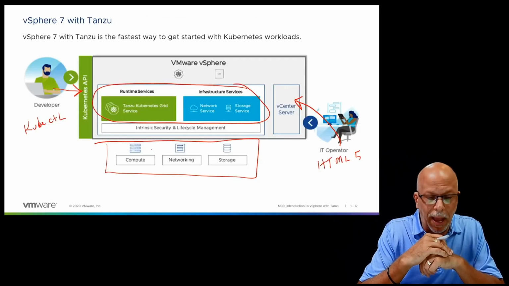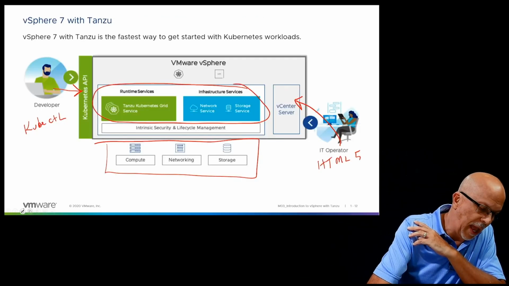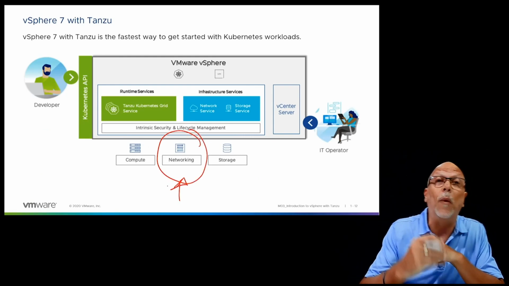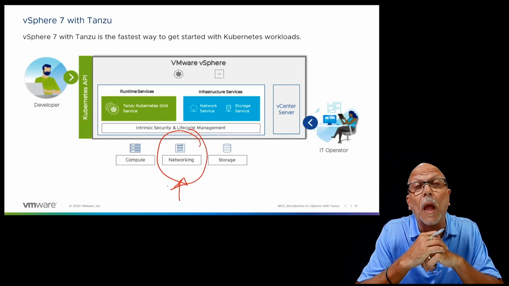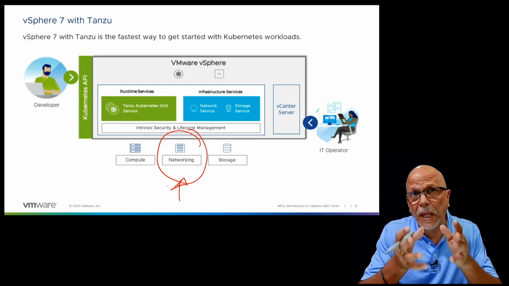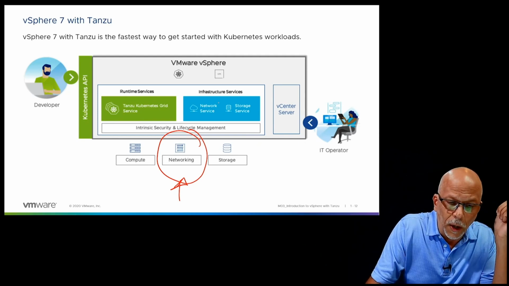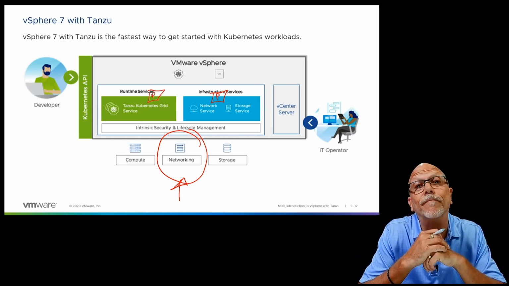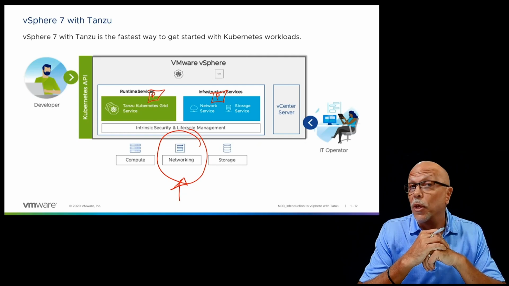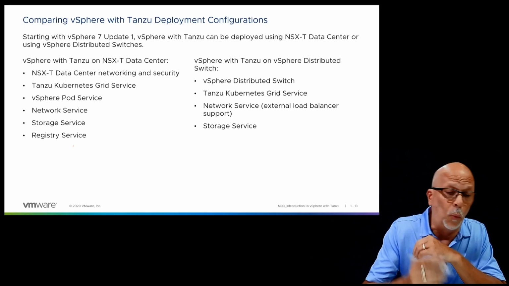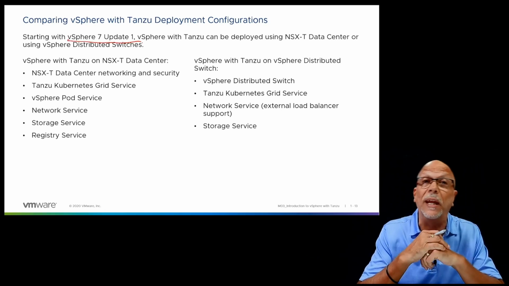So in this picture back here, you're going to have to make a decision, and it's going to have to do with networking. Do you want to use NSXT as your networking platform for my pods that are going to be running potentially up here? You don't have to. And that's one of the new features that became available when we went to vSphere Update 1.